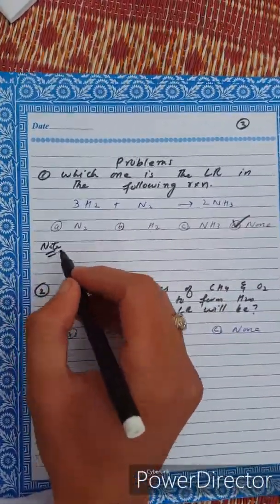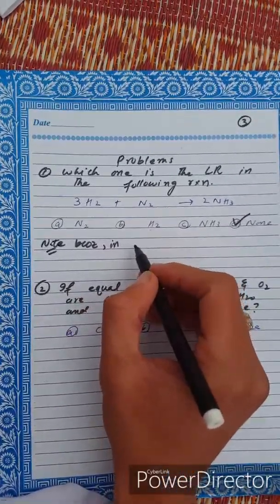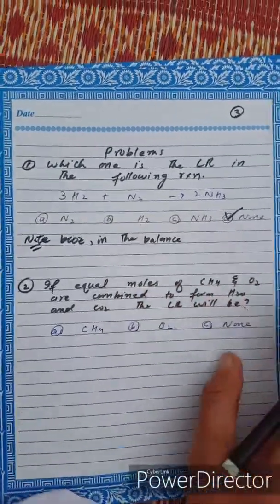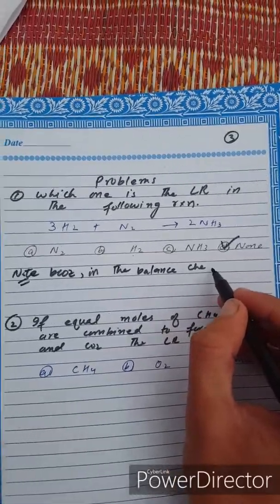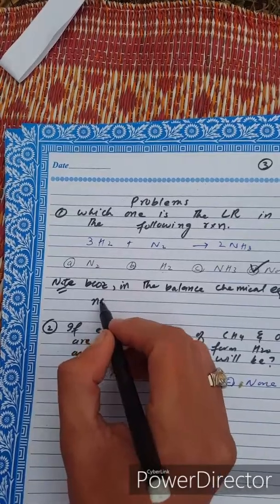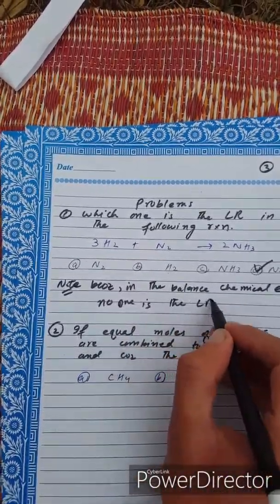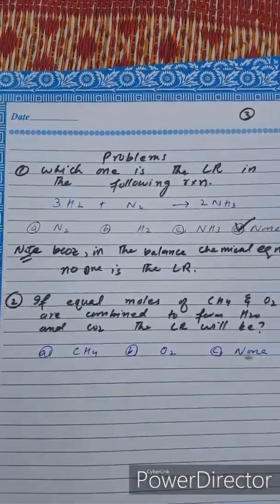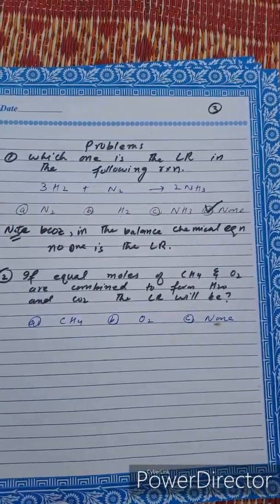Because if the chemical equation is balanced, then there will be no limiting reagent.